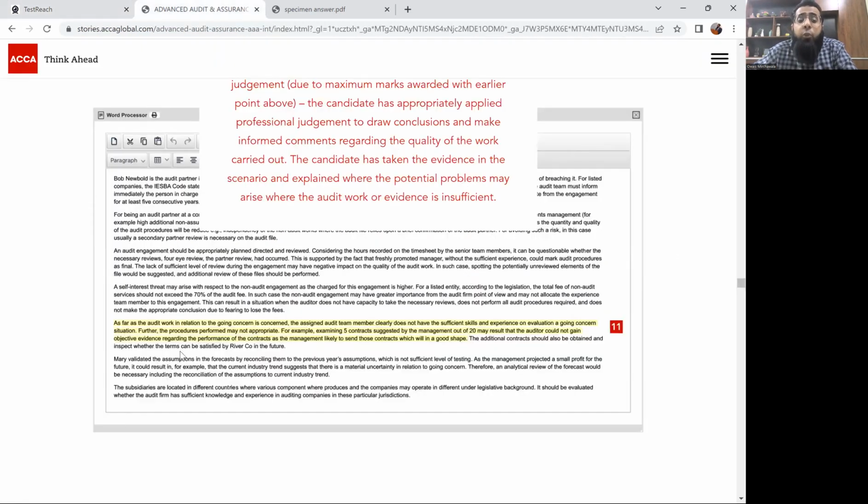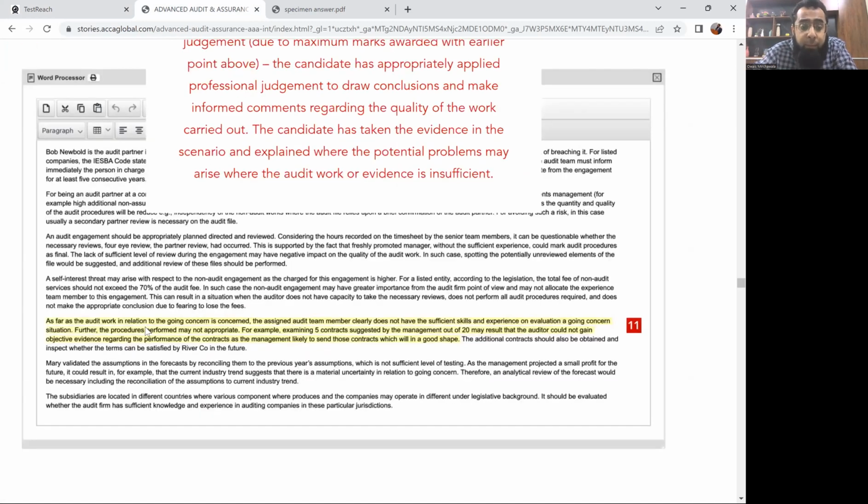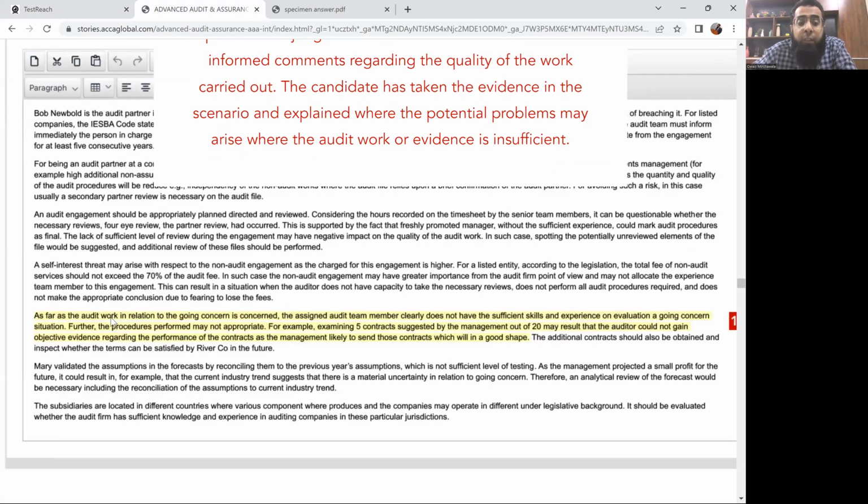Let's look at how many issues candidate one identified. As far as audit work in relation to going concern is concerned, the assigned audit team member clearly does not have sufficient skills and experience on evaluation of the going concern situation. Further, procedures performed may not be appropriate.